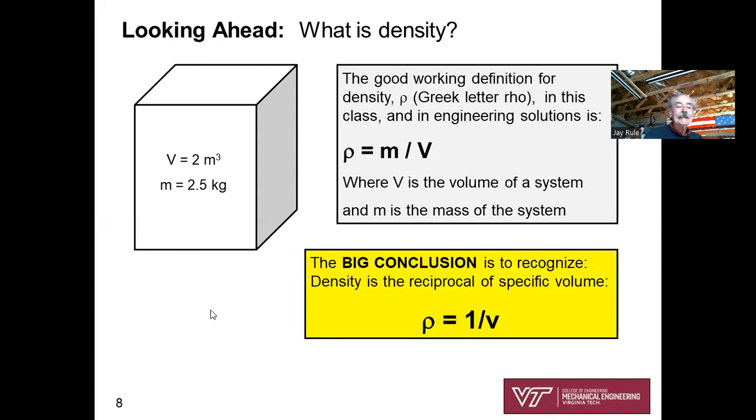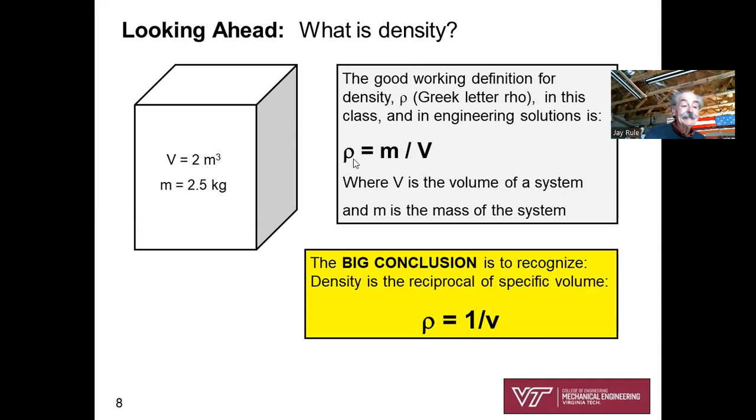Let's look ahead to density, the definition of density for thermodynamics class. Well, the density, I hope you have a good feel for already. And that's the density rho. That's not P, that's Greek letter rho. Greek letter rho is the mass of the system divided by the volume of the system. Rho is, well, let's see, that would be kilograms per cubic meter, or pounds mass per cubic foot.